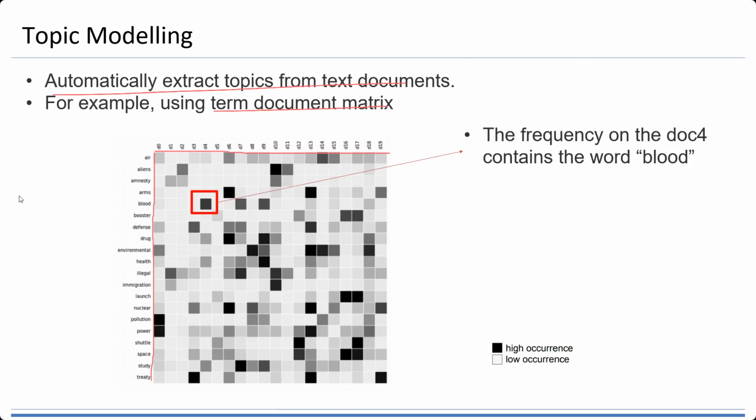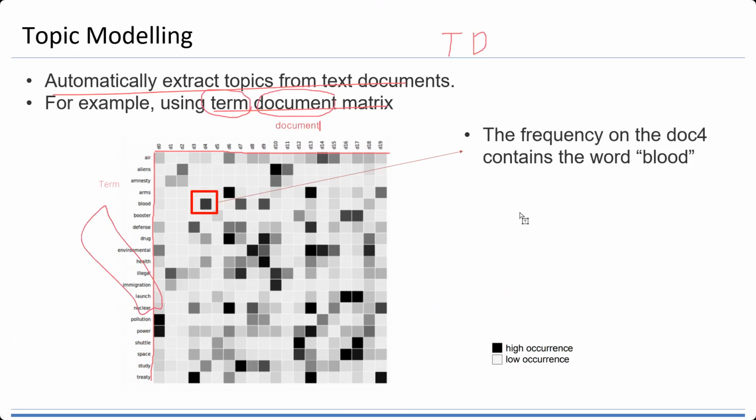Later on, I will also explain why we call this TD: because the row is term and this is the document.